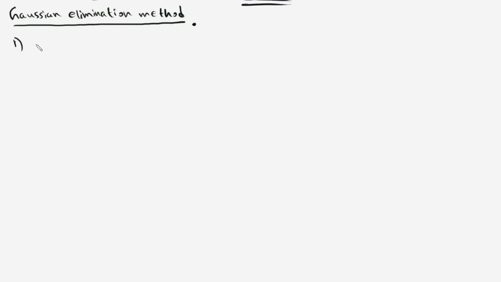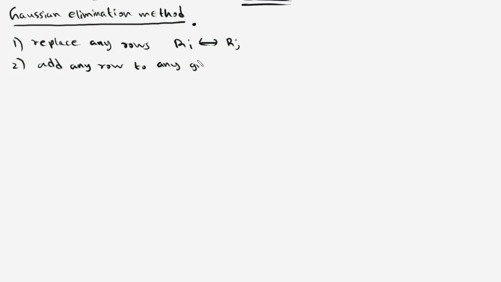So the first rule is you can replace any rows. If I take any arbitrary row i and any arbitrary row j, you can replace those. The second rule is you can add any row to any given row. Basically, Ri plus Rj will produce a new Ri.